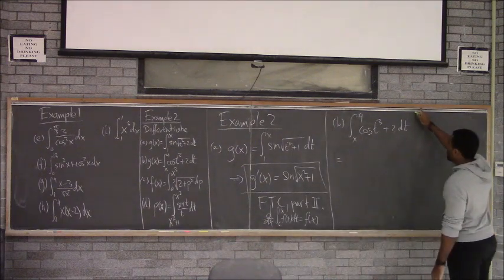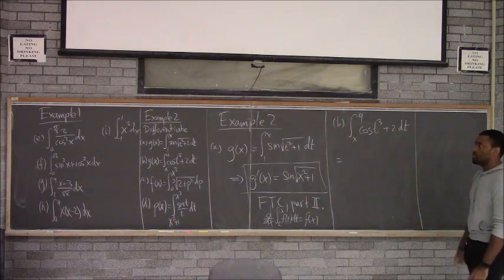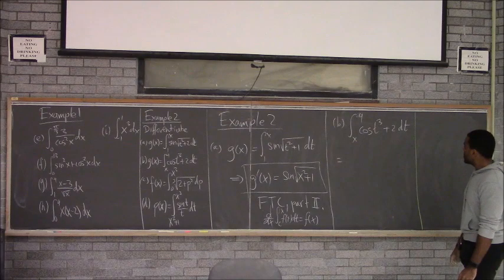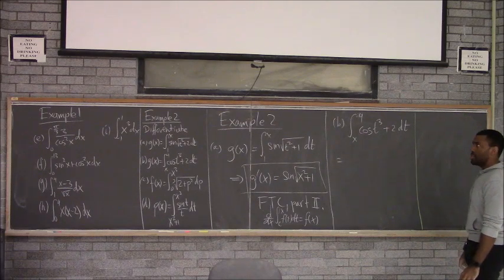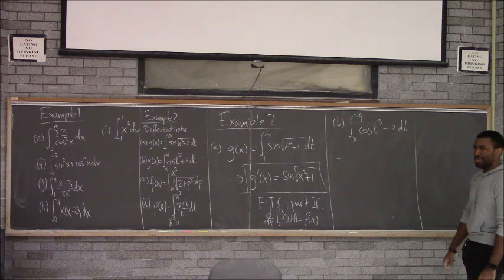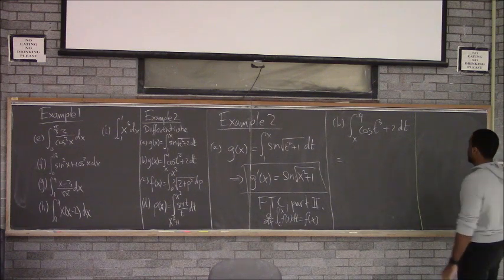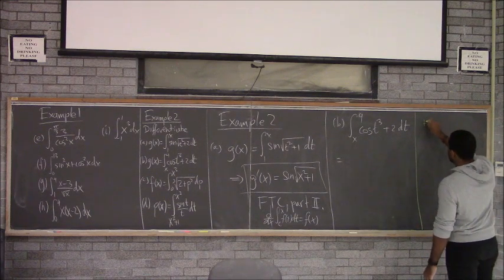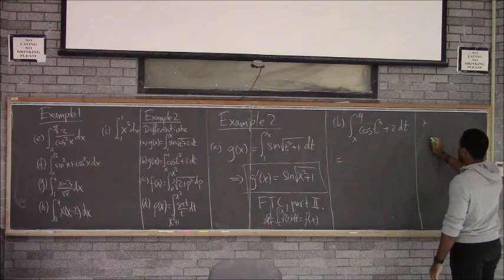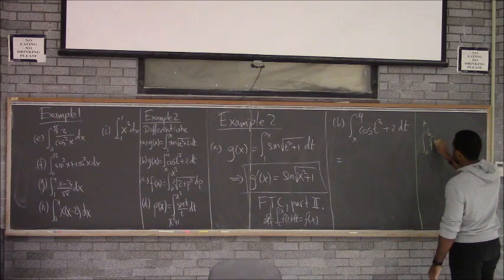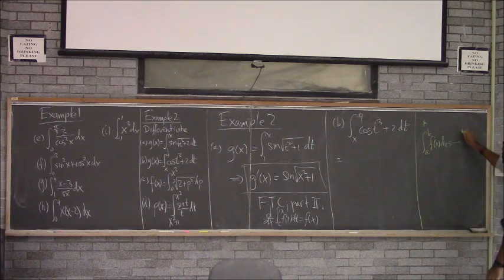Well, I guess you can take this as helpful fact number 4, 5, I don't know. But a negative would come into play here because the integral from a to b of f of x dx is equal to the negative of the integral from b to a of f of x dx.